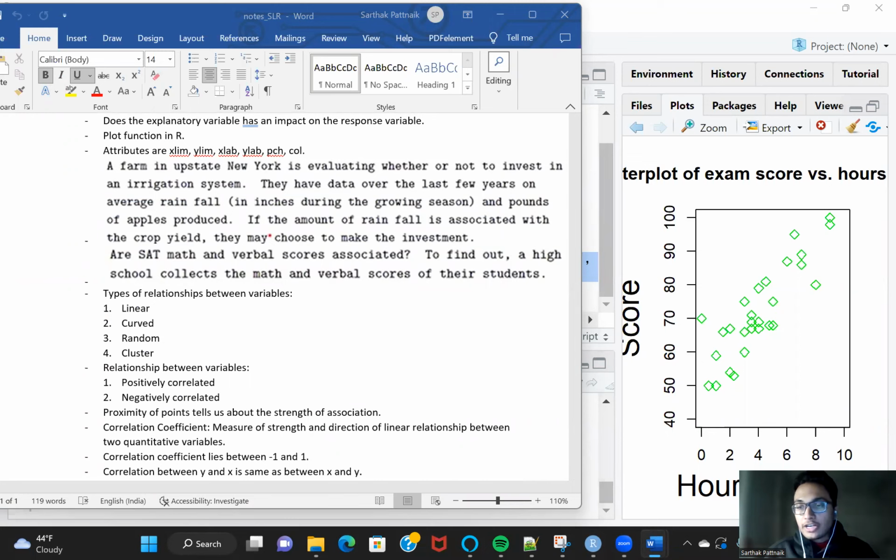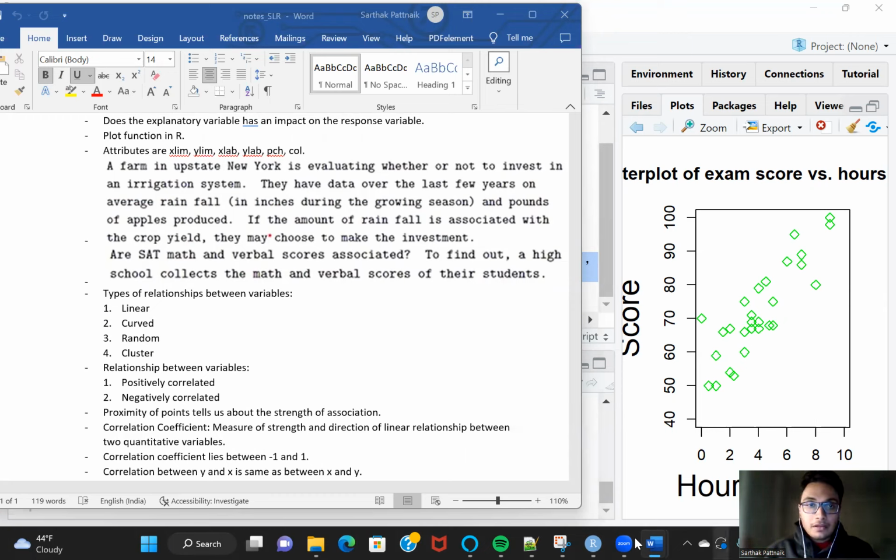Only if there is a temporal relationship. What do you mean by temporal relationship? It means the change in one is affecting the change in the other variable. In what way the change is happening, that's a different discussion altogether, but some change is happening. So that is the purpose of scatterplots, to show how the variables are changing and how one variable is affecting the other variable.